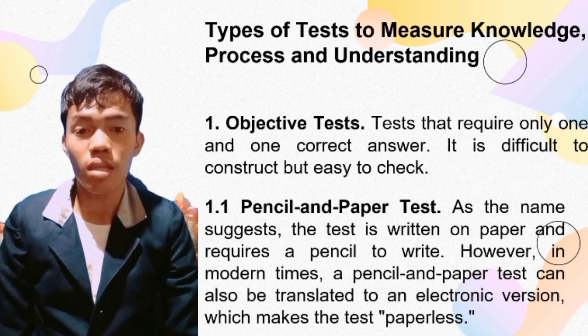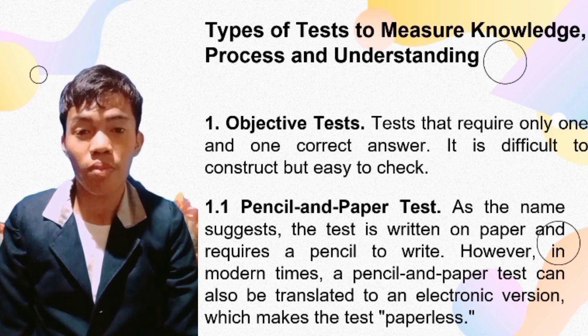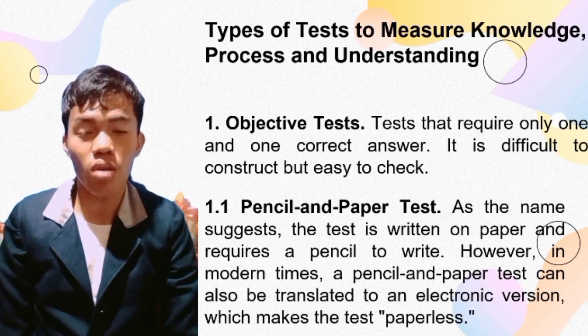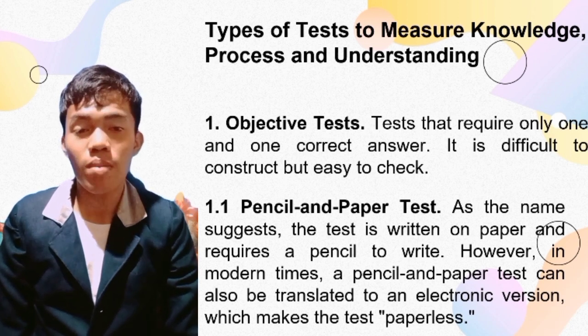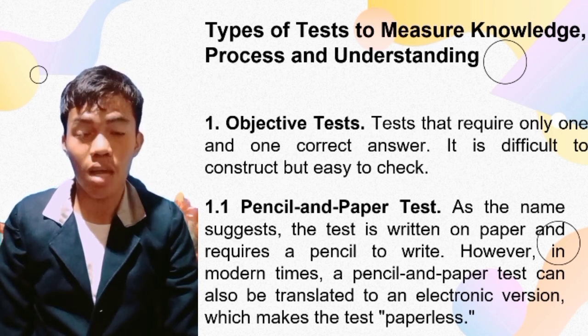However, with advancements in technology, paper and pencil tests can also be conducted in electronic form. Instead of using a physical test booklet, we can now take the test on a computer or other electronic devices, which eliminates the need for paper. These electronic versions of the test are referred to as paperless tests.